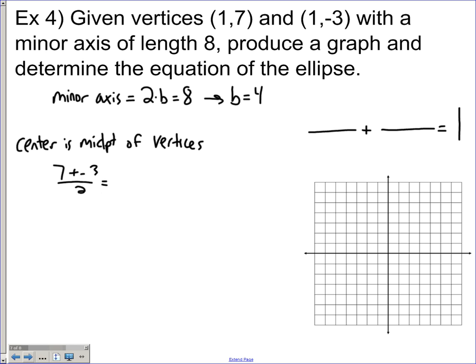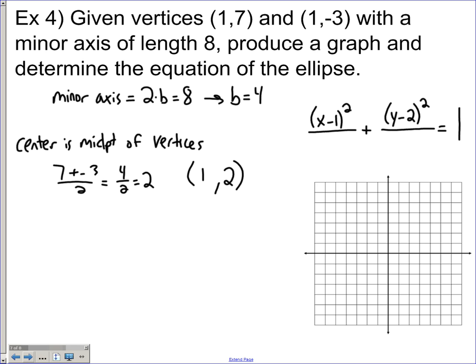So 7 plus -3 is going to give us 4 over 2. It's going to give us 2. Okay, so the y value of the center will be 2. The x value is still going to be 1. Let's go ahead and put that into our equation. So we get x minus 1 quantity squared, and we're going to get y minus 2 quantity squared.